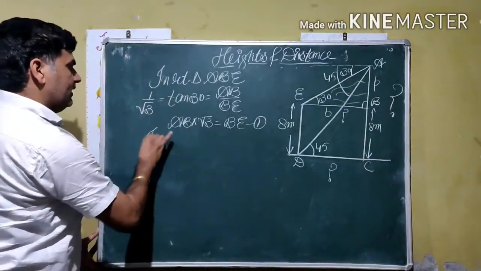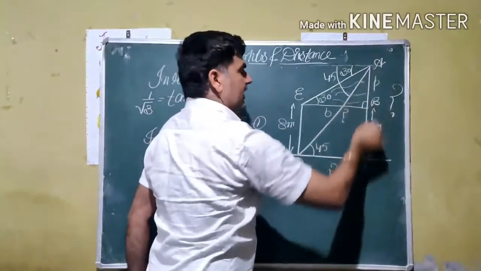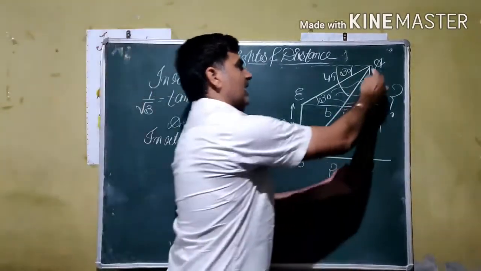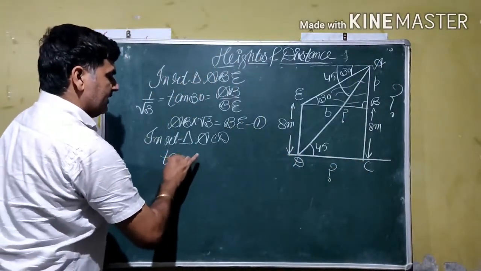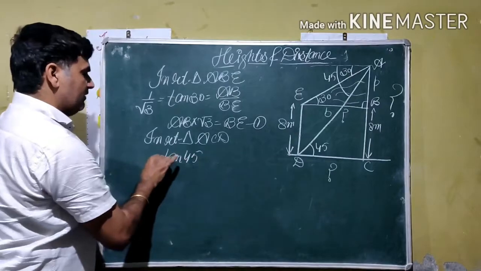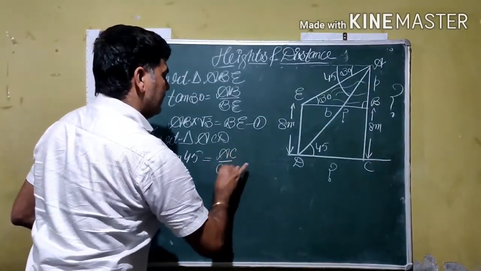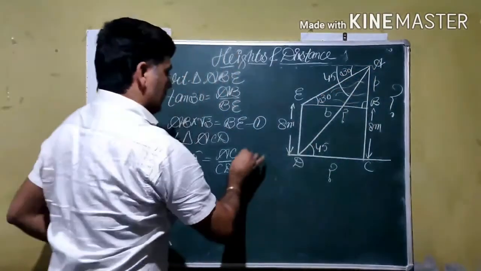And in the bigger right triangle ACD, again perpendicular by base means tangent theta. Theta is now 45, which is given by 1 from the table. It is given by AC by CD. AC is given by 8 plus AB.